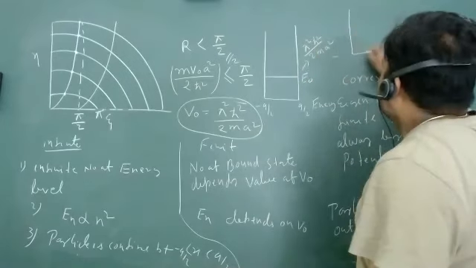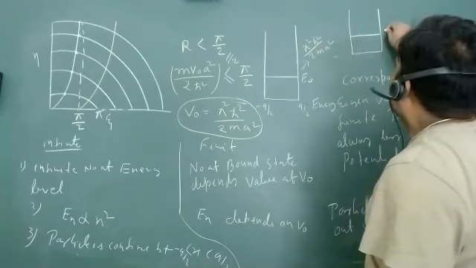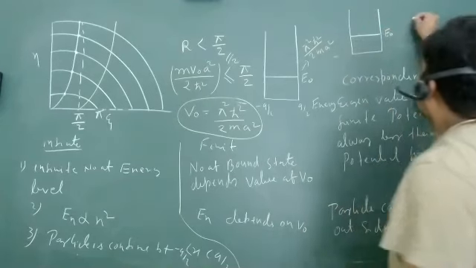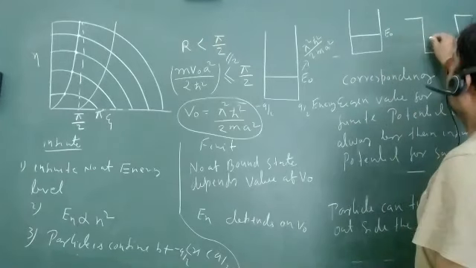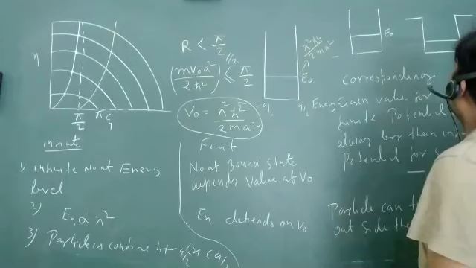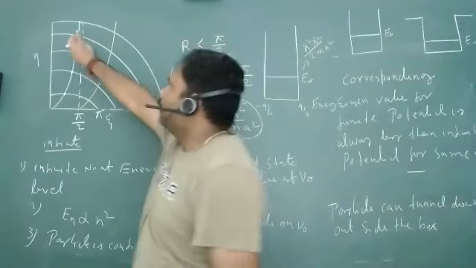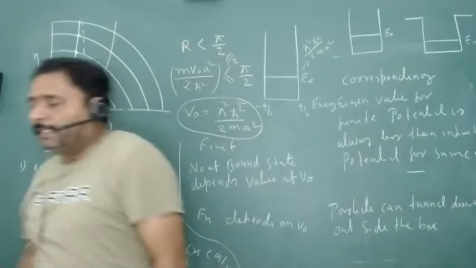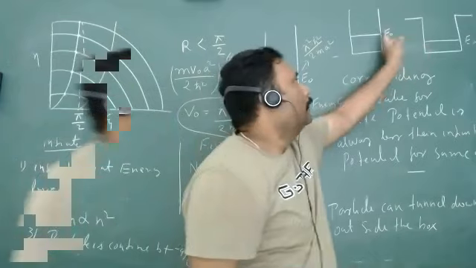Suppose this is my infinite potential, this value is E naught, and this is your ground state. Then for the finite potential, this value will surely be less than E naught. Unless it goes to infinity, it will not be the same.